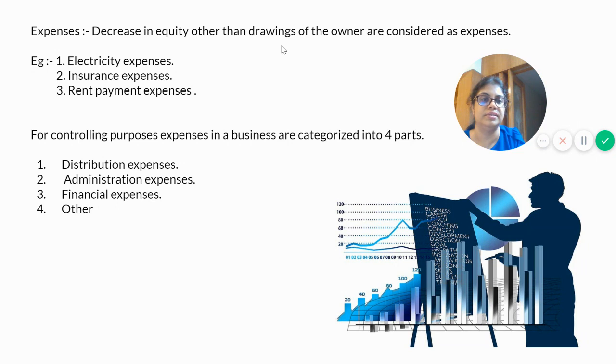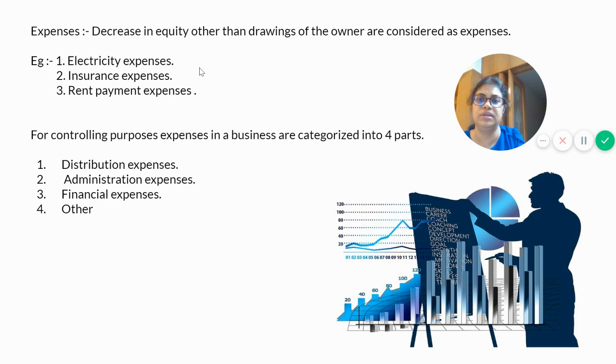If the owner is taking assets of the business, it can be in terms of cash or in terms of stocks, and using them for private use, they will be considered as drawings. So a decrease in equity or the ownership other than drawings is considered as expenses.